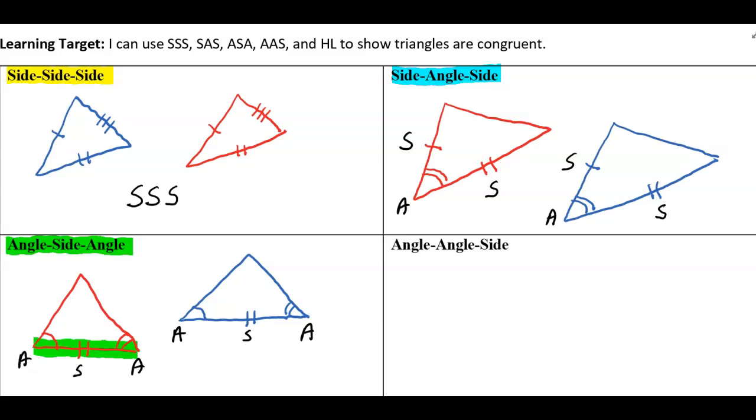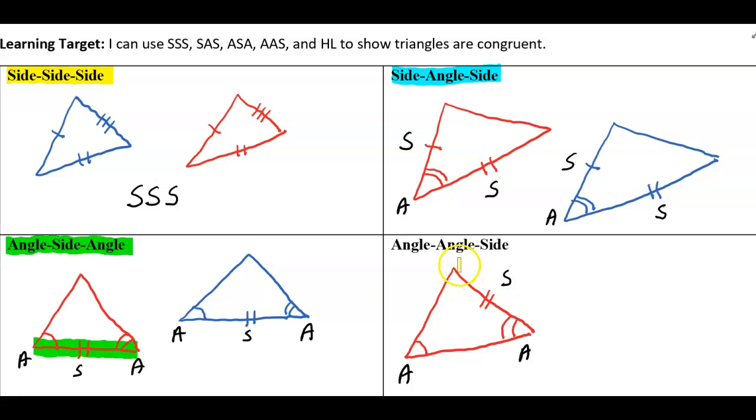Okay, the fourth way to justify congruent triangles is angle, angle, side. So here, the side is not between the two angles. We have angle, angle, side. Notice that side is not between the two angles.